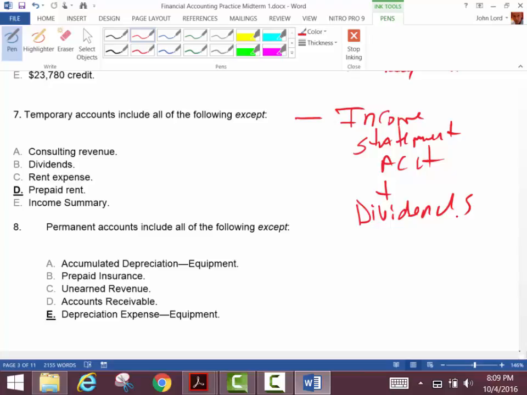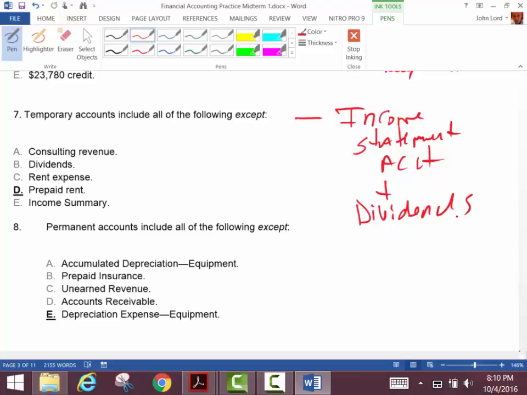The income statement has revenues and expenses on it. The balance sheet has assets, liabilities, and stockholders' equity, right? Income statement accounts are not assets. They are revenues and expenses in the derivation of our net income, right?